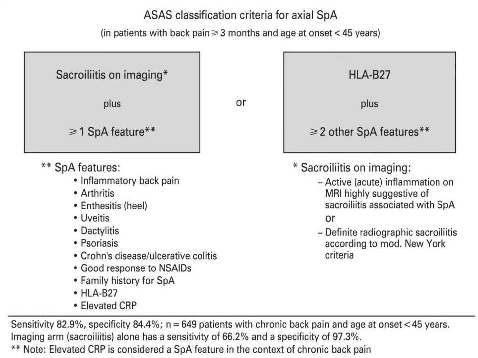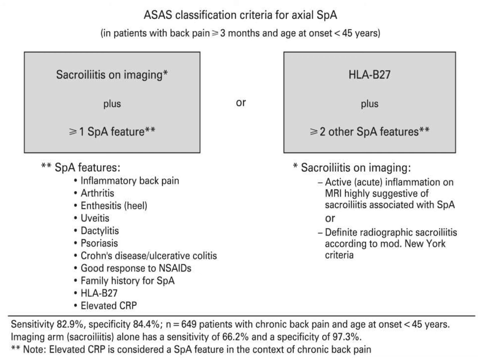In a patient with back pain for more than 3 months and age of onset less than 45 years, sacroiliitis on imaging plus one or more spondyloarthritis features such as inflammatory back pain, arthritis, enthesitis at the heel, uveitis, dactylitis, psoriasis, Crohn's disease or ulcerative colitis, good response to NSAIDs, family history, HLA-B27 and elevated CRP levels. Or HLA-B27 plus 2 or more of the other spondyloarthropathy features.